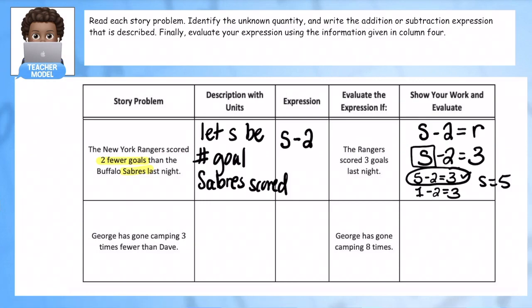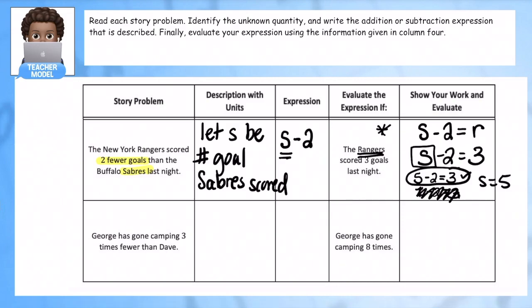It can't be the one on the bottom because if the Sabres scored 1 goal and the Rangers were 2 less, there's no way they could have scored 3 goals. So this one is important. I like this problem a lot because our variable does not match the actual number that was given to us in the problem. We can't evaluate for S when they're giving us what the Rangers did, not what the Sabres did.